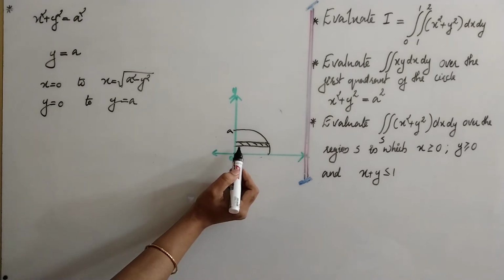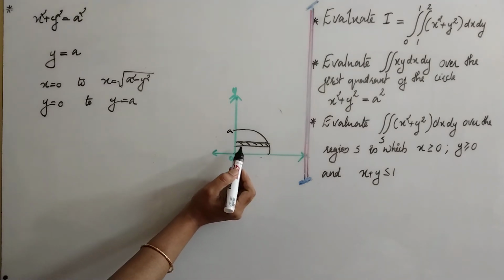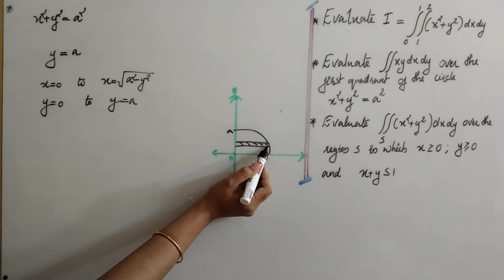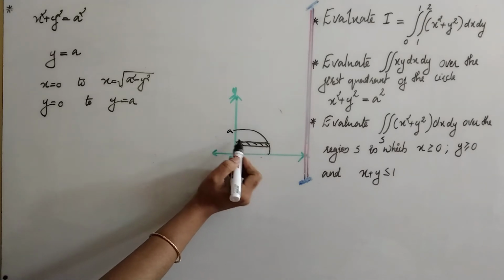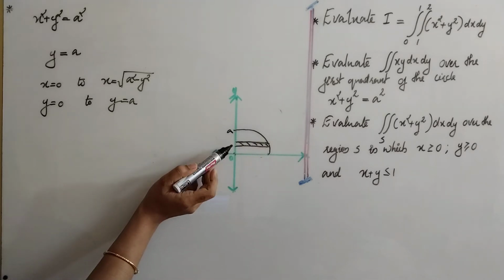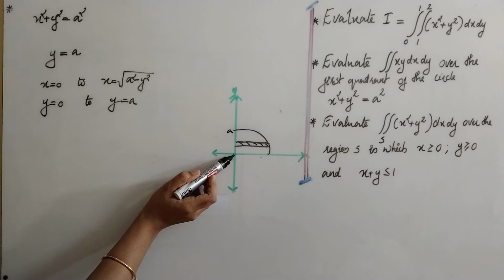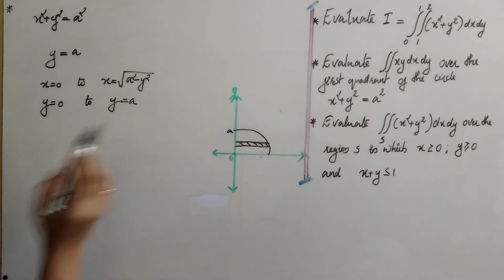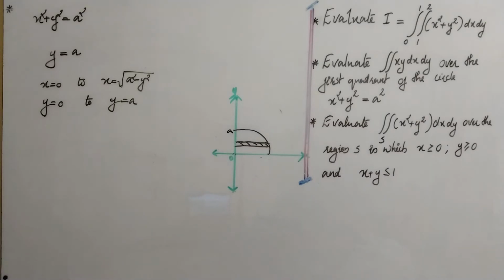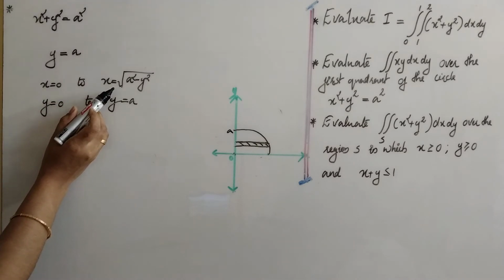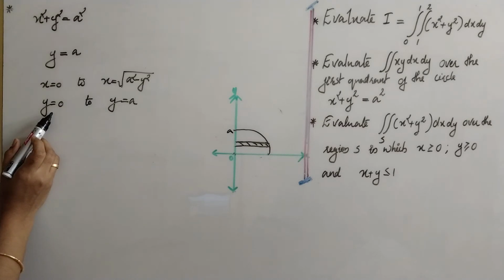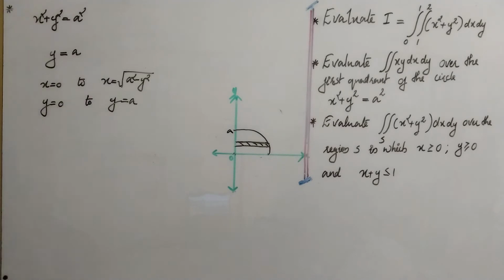Here, if we are considering a strip parallel to the x-axis, x varies from 0 to root of a square minus y square. To cover the entire region, we have to consider more strips parallel to the x-axis like this. So y varies from 0 to a. So the limits of integration are x equal to 0 to x equal to root of a square minus y square, and y equal to 0 to y equal to a.